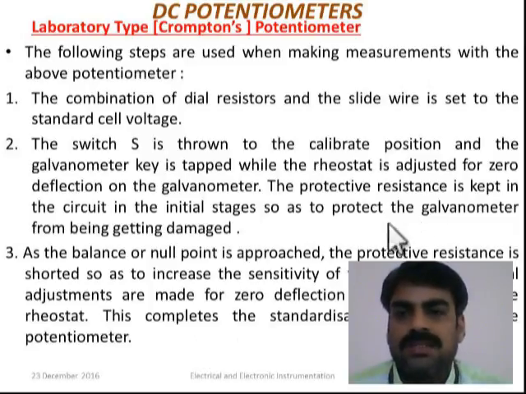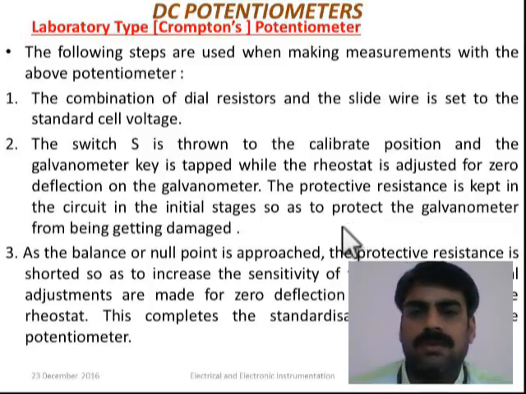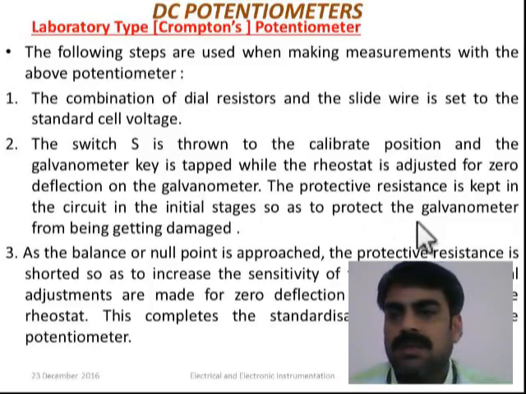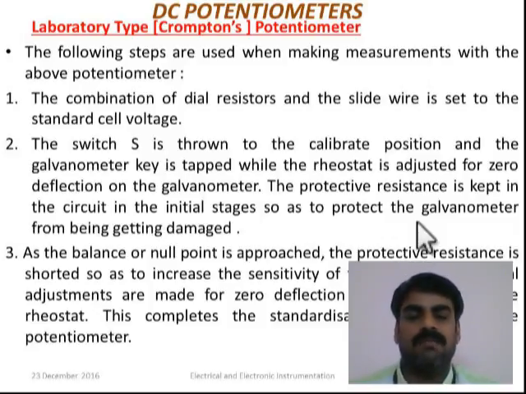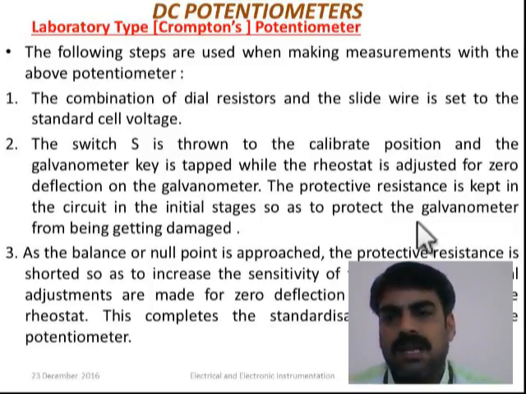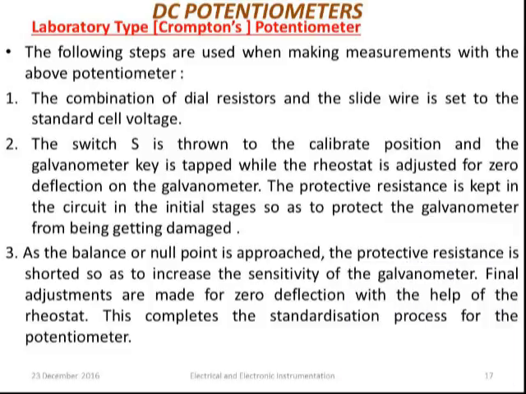As I mentioned, in the circuit there is a protective resistance, and it is kept in the circuit in the initial stages so as to protect the galvanometer from getting damaged by heavy current. Third step, as the balance or null point is approached, the protective resistance is shorted so as to increase the sensitivity of the galvanometer. Final adjustments are made for zero deflection with the help of the rheostat. This completes the standardization process for the potentiometer.